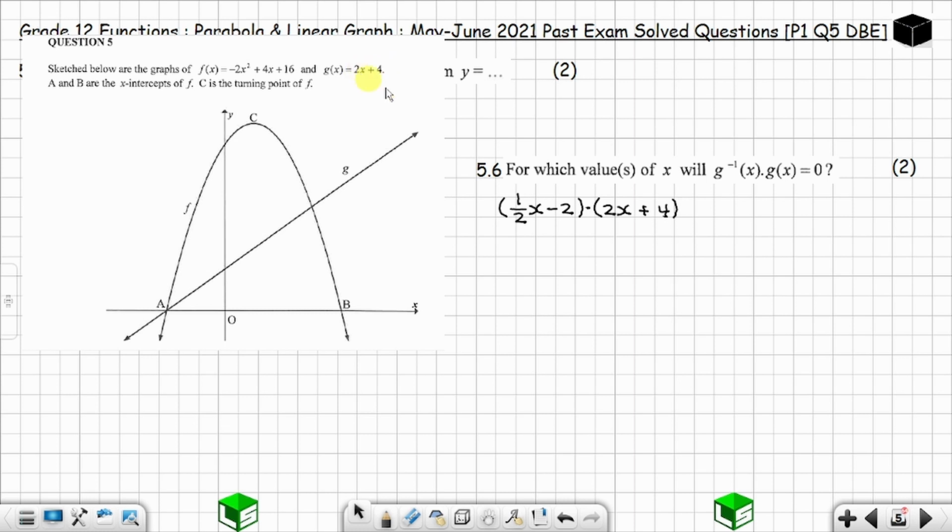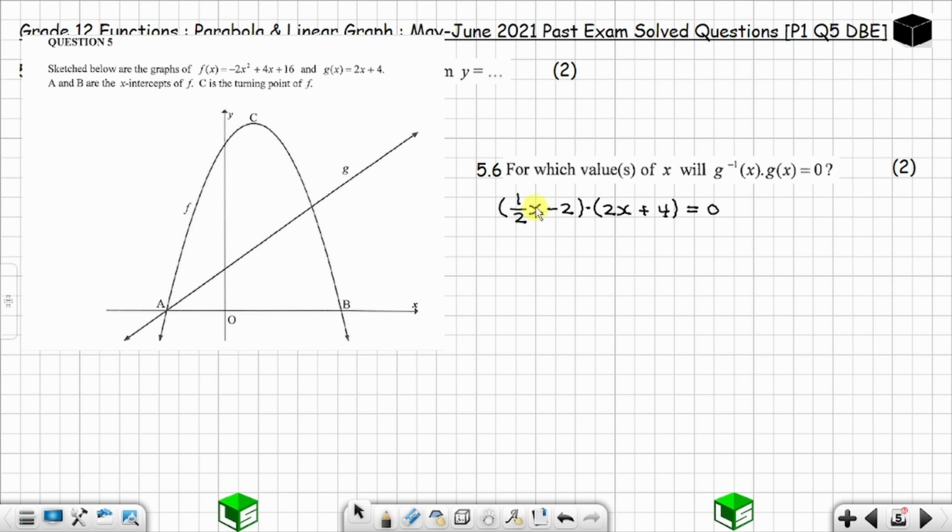So this is the inverse of g of x and this is g of x, equal to 0. So you can do it this way, or you get the inverse of g of x, make it equal to 0, and solve for x, and you also get g of x, make it equal to 0, and solve for x. Or you can do it like this, as a product. You multiply the two, you make them equal to 0, as you are given in the question, and then you solve for x. Okay, let's do this method.